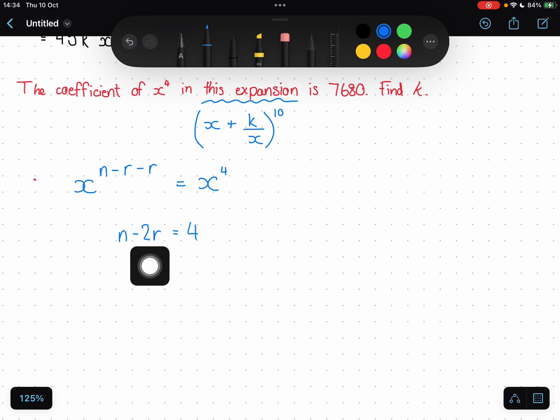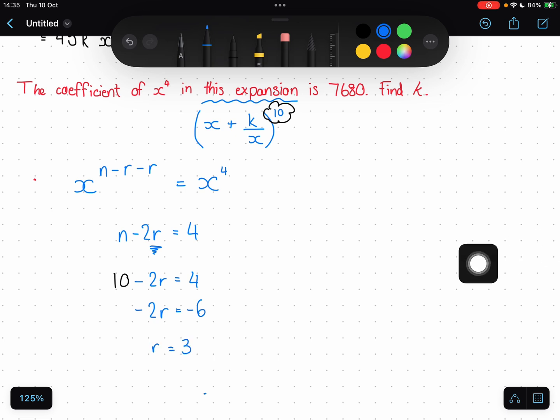We want to know what term this is on. We know n was a power of 10, so it's 10 minus 2r is equal to 4. So minus 2r is equal to minus 6, which means that r is equal to 3.